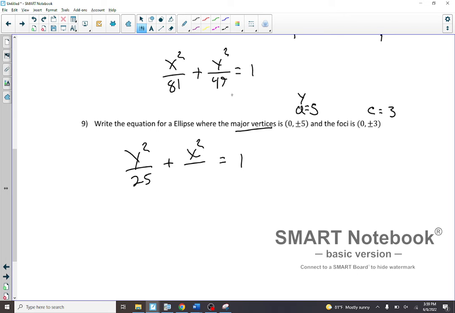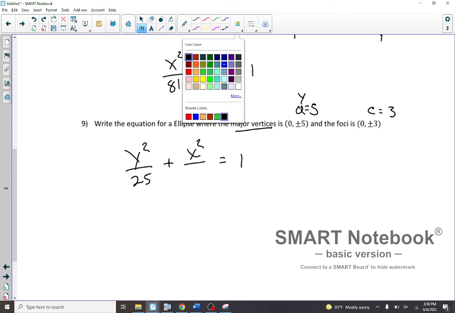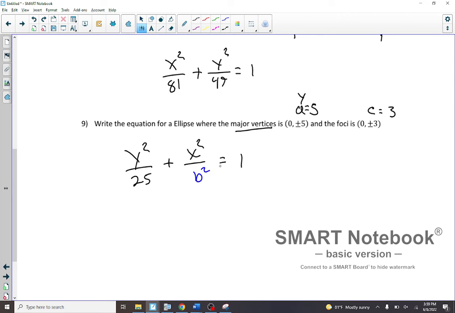What I'm missing is the b squared, so I need to find it. But since I have a and c, I can do 25 minus b squared equals 9, because a squared minus b squared equals c squared. A little bit of algebra. B squared equals 16.